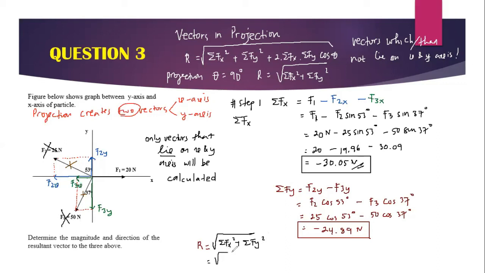Sigma Fx is minus 30.05 squared, plus minus 24.89 squared. You can use the calculator again.